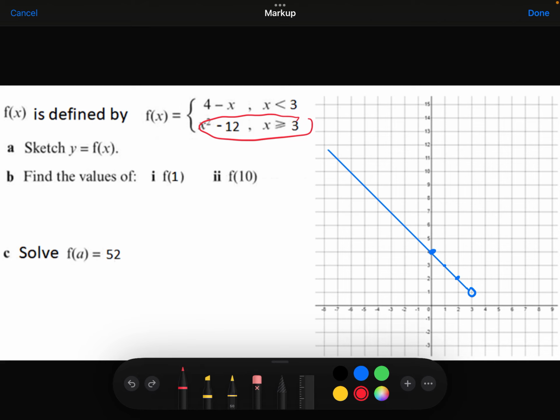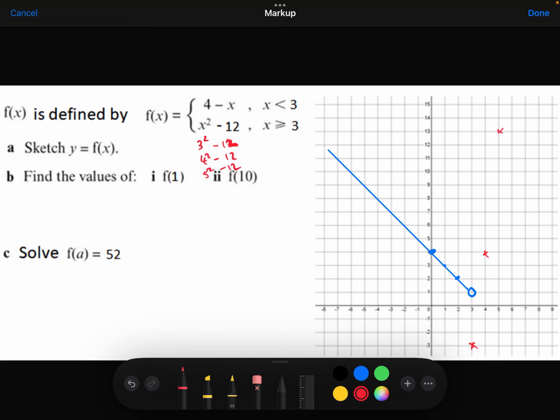So let's think about that. If x was 3, I would have 3 squared minus 12, which would be minus 3. If x is 4, I'd have 4 squared minus 12, which would be 4. If x was 5, I'd have 5 squared minus 12, which would be 13.